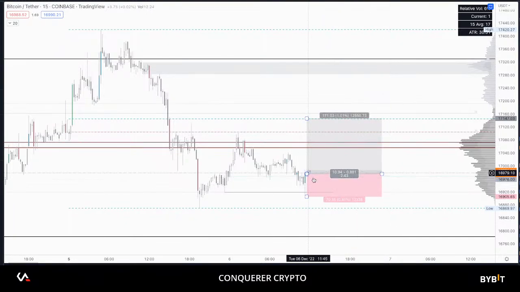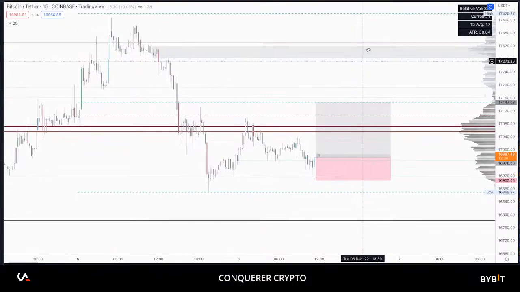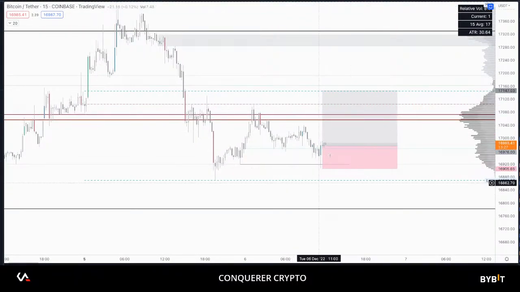So the position size will also be much lower. If you were planning to take, for example, the 5 BTC trade, you take 1 BTC trade. See that? So you just need to be playing around with these.